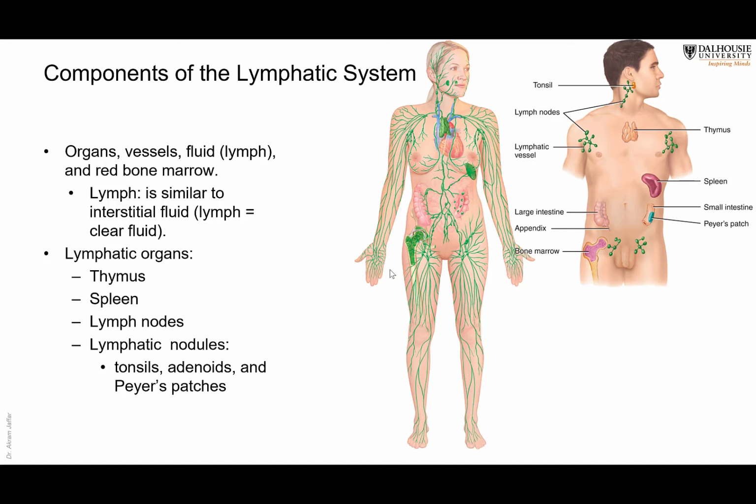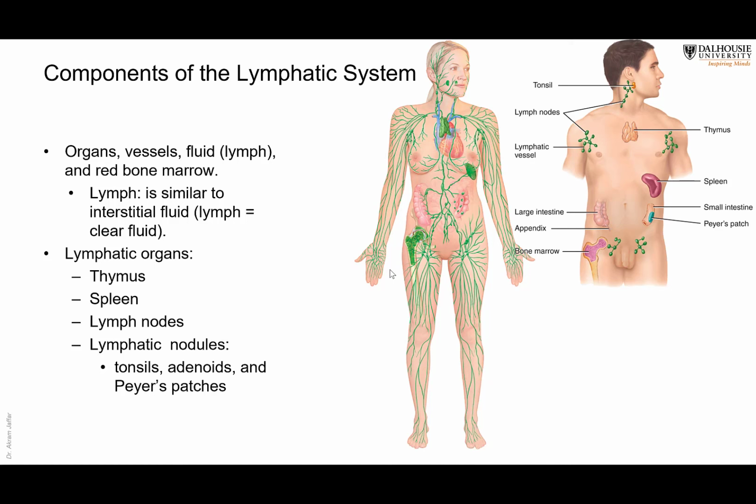Most of it is a clear fluid, and it's the same as the interstitial fluid, the fluid that is present in the extracellular compartment, as well as the bone marrow, because in the bone marrow, the cells of the lymphoid system, which also belong to the blood, are produced, and some of them even mature in the bone marrow. So that's why the bone marrow is also considered as part of the lymphatic system.